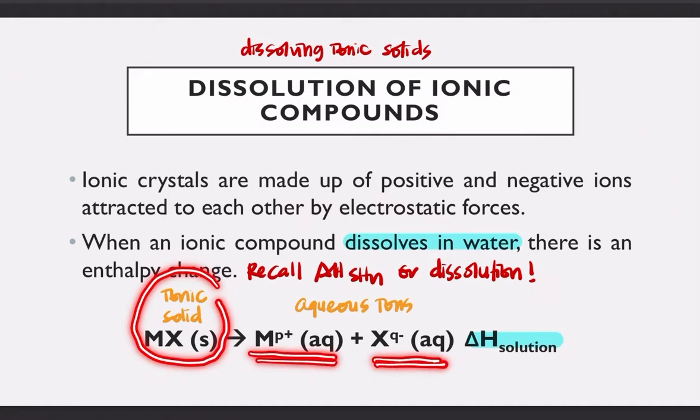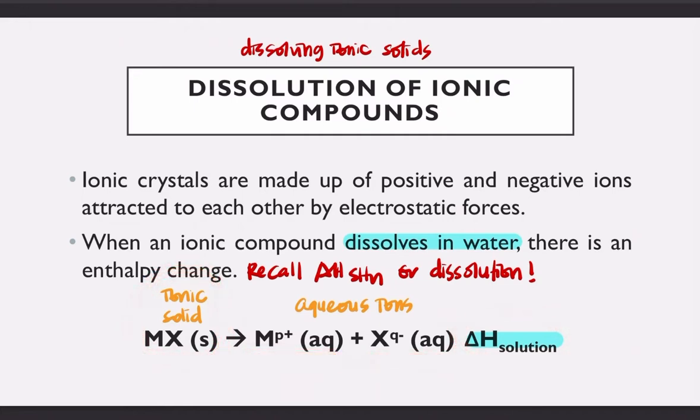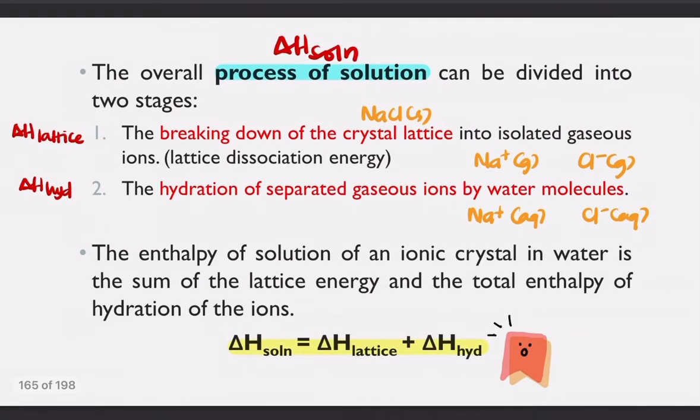This process, delta H solution, is actually broken up into two stages. The first stage of your solution process is delta H lattice, if you recall. This is when we have our crystal lattice, let's say an NaCl solid.